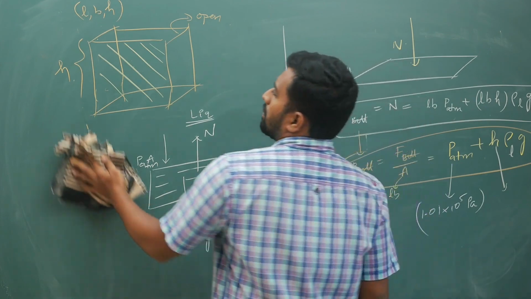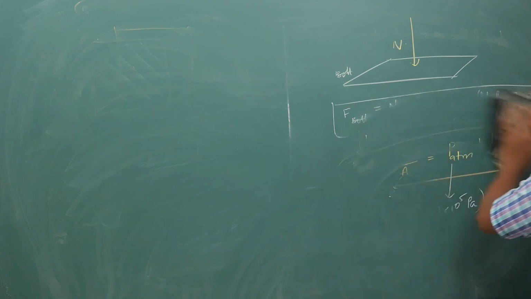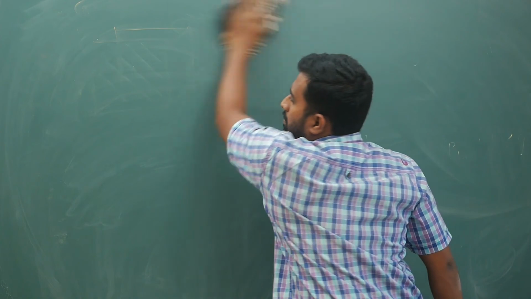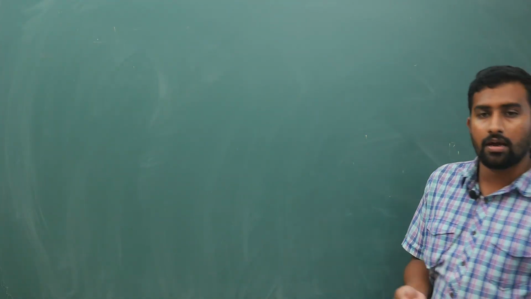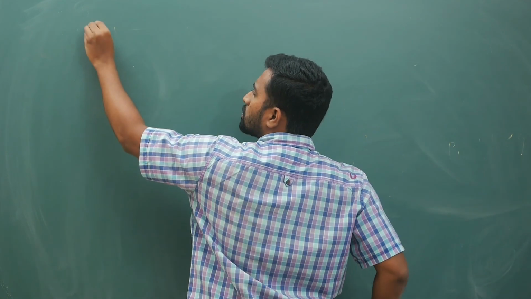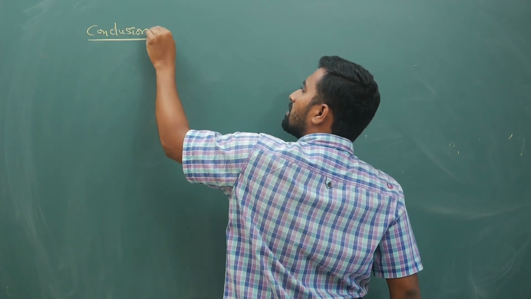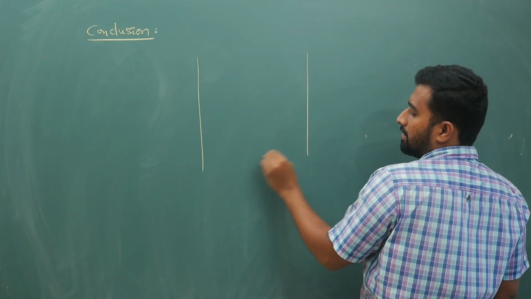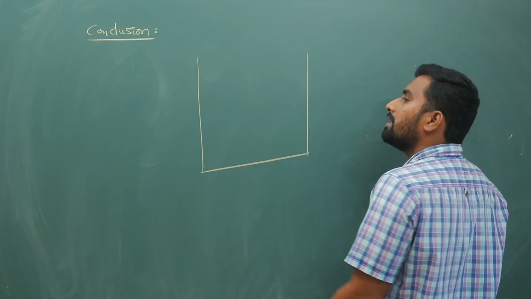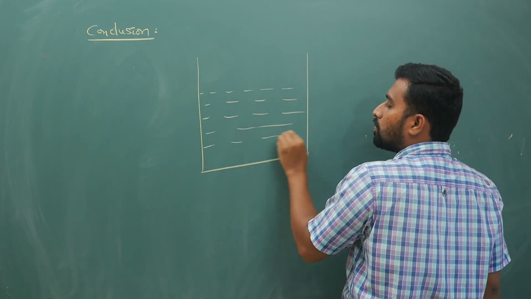From these two examples, here is the key takeaway on what I have explained so far, which I am giving you as the conclusion. You have a container like this, and in this container I am filling the liquid up to height h.